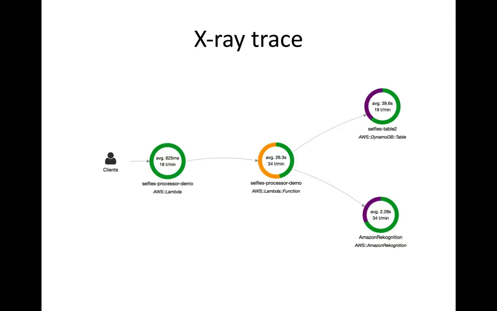Here's a quick example of a very simple X-Ray trace showing that an event has triggered a Lambda function. This Lambda function triggered another Lambda function, which then communicated with a DynamoDB table and the Amazon Rekognition service.